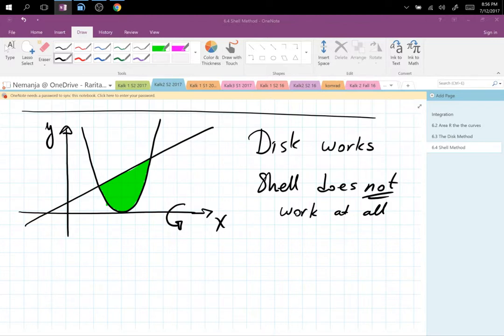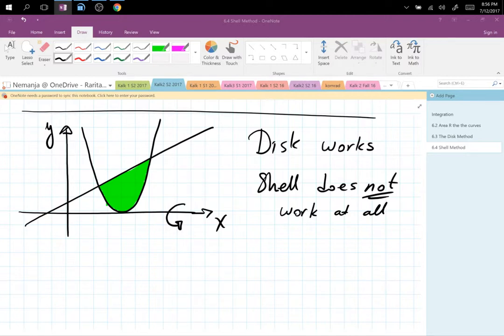So these two methods are fundamentally different because disk method has the representative rectangle perpendicular to the axis of rotation. Shell method has the representative rectangle parallel to the axis of rotation. If your axis of rotation is on x and you're creating a cylinder, the perpendicular cut to the axis of rotation is this one, and you're creating disks, like CDs.